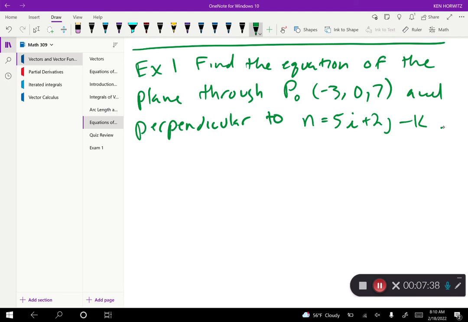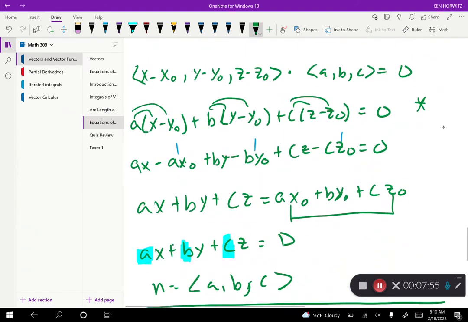All right, well, I told you at the very beginning you needed a point in the plane and a vector normal to the plane. This example 1 has given you both. So if your teacher gives you this example, you should quietly smile and realize that we're just going back to our framework right here.